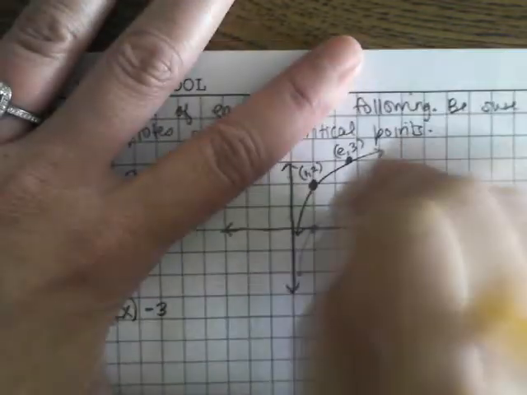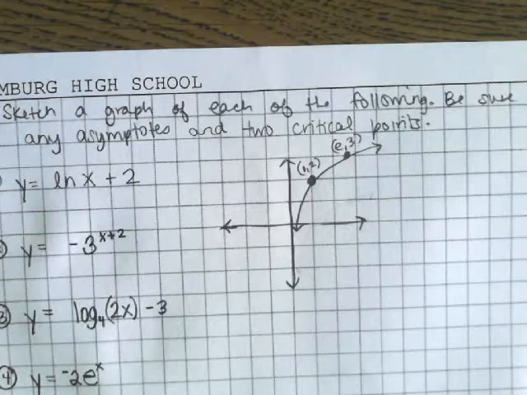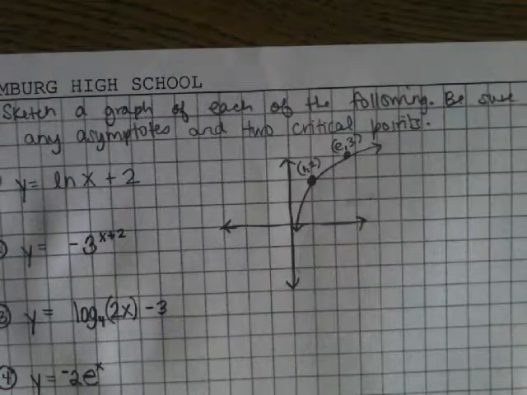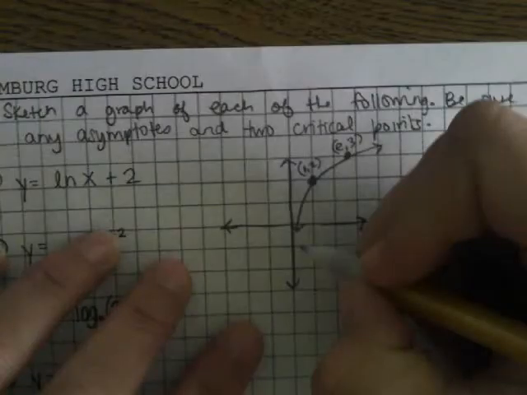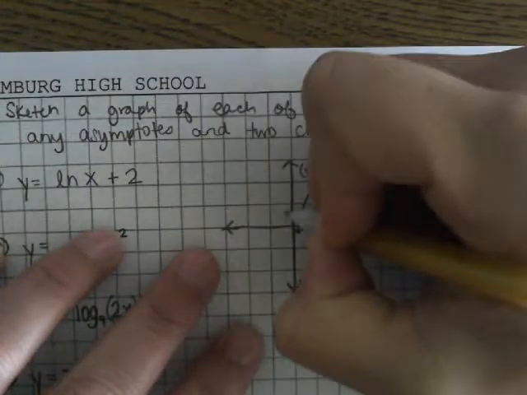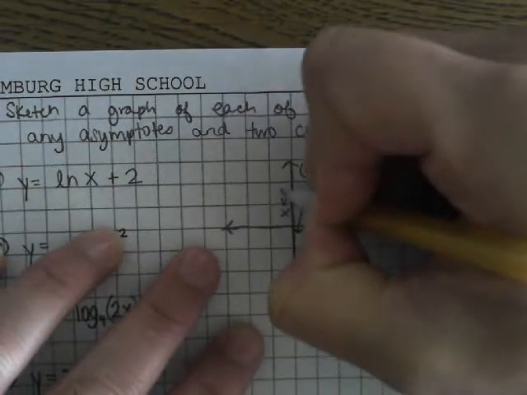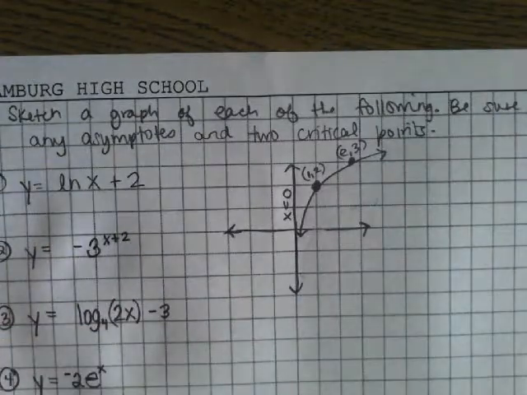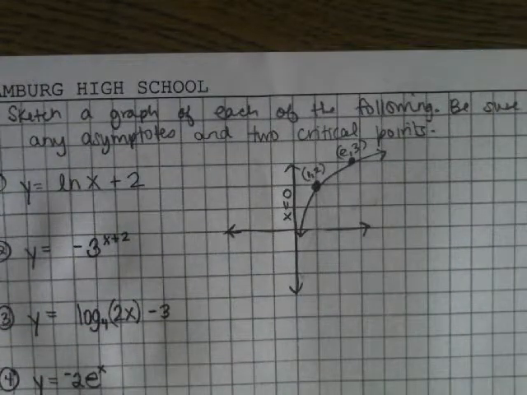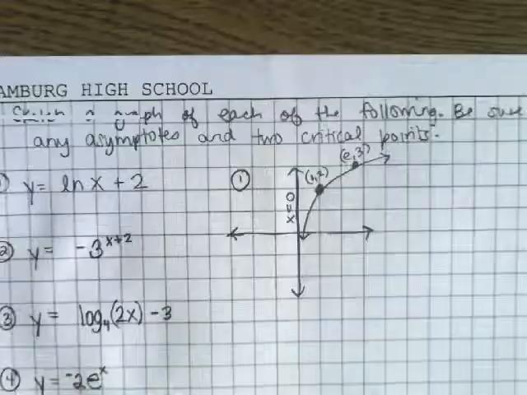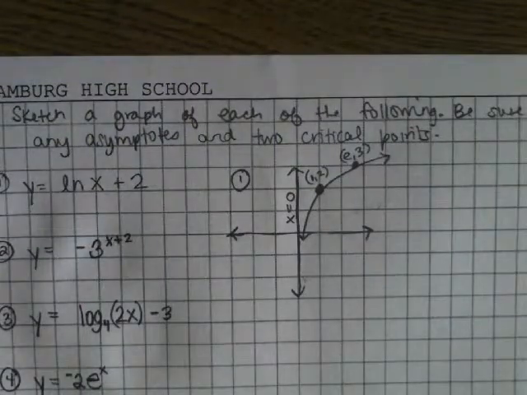You can kind of get rid of your guide there. So your asymptote, and I want you to label all that, your asymptote is still x equals 0. So that's number 1. Make sense?